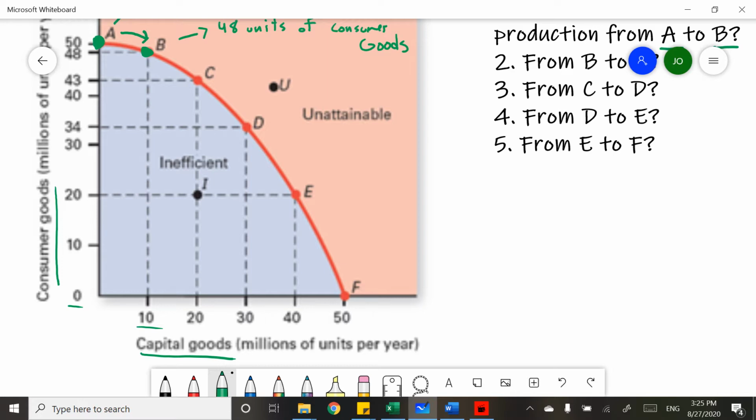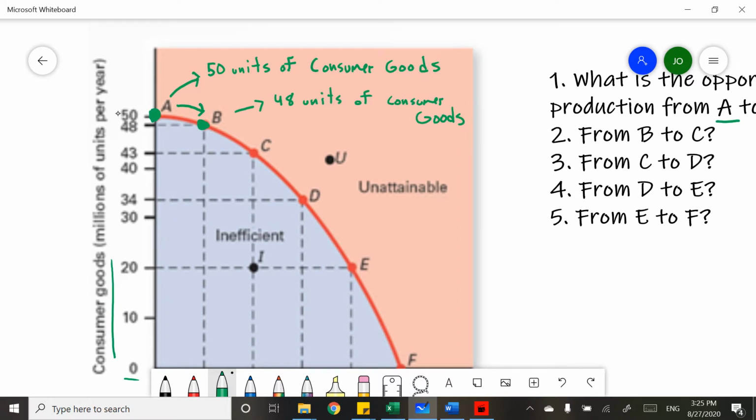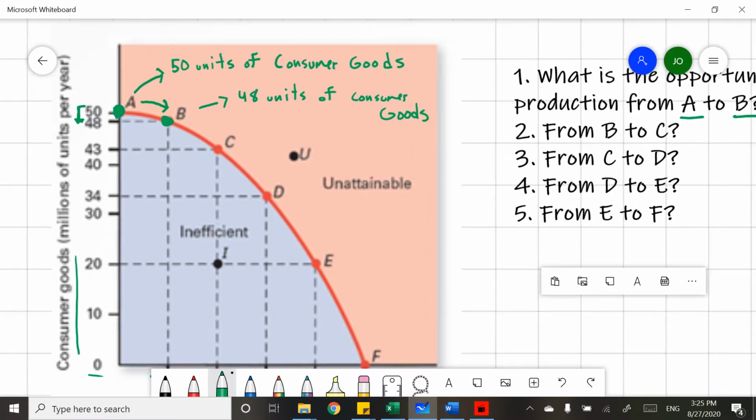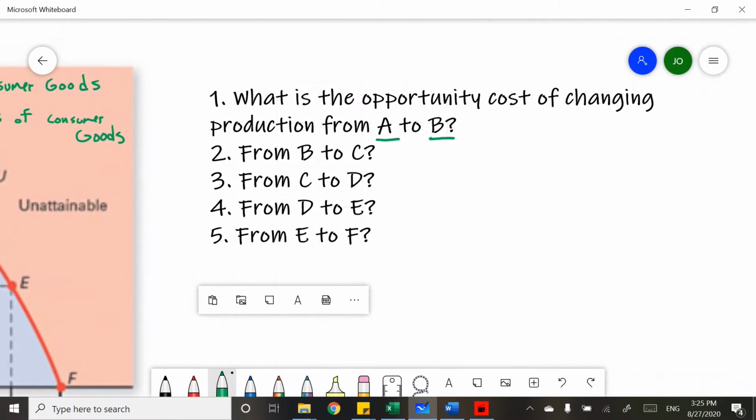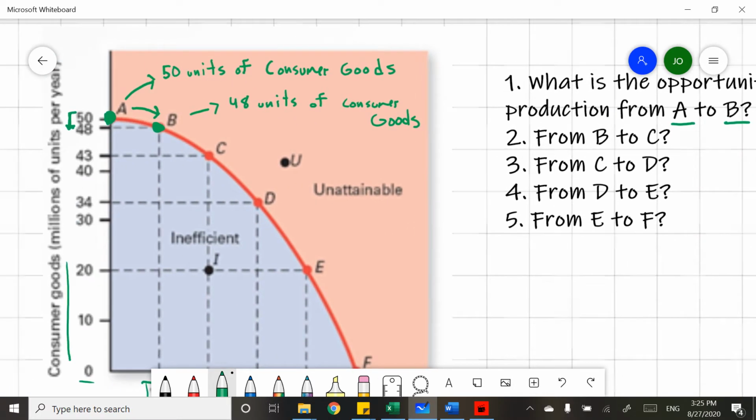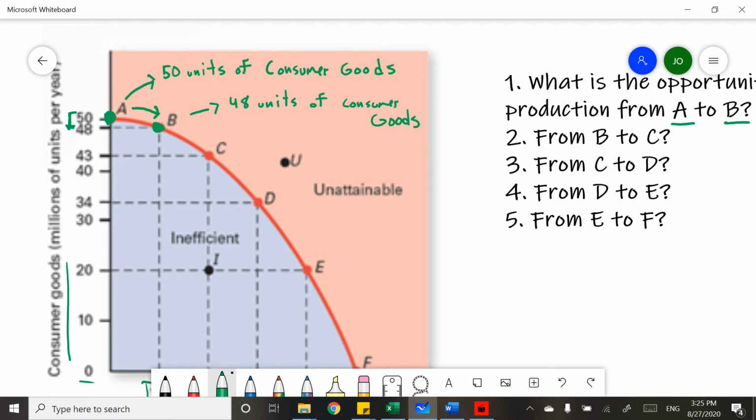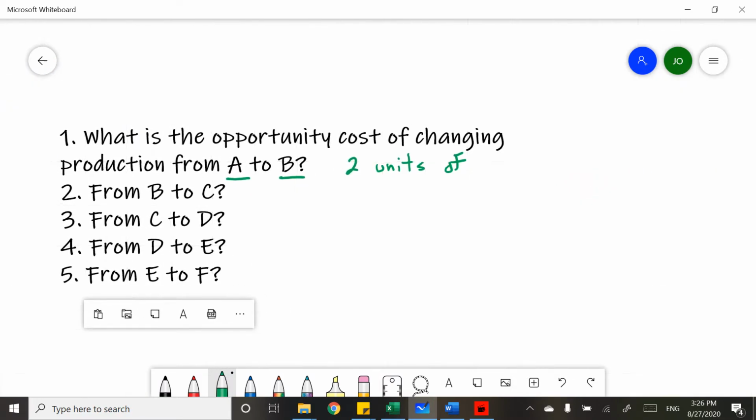Basically, what it's asking is, if you gain 10 units of capital goods, what are you going to give up? And in this case, basically all we have to subtract is these two numbers, right? So as it turns out, the answer to number 1 is just 2 units of, and remember, we're looking at this axis, so we're only giving up consumer goods.